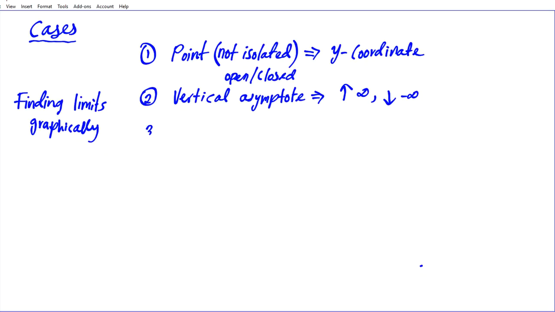Another case to keep in mind is a scenario where you're approaching a flat line, basically a horizontal asymptote.